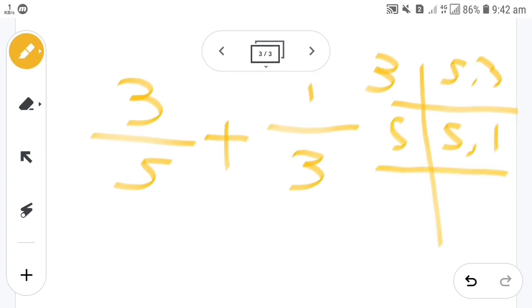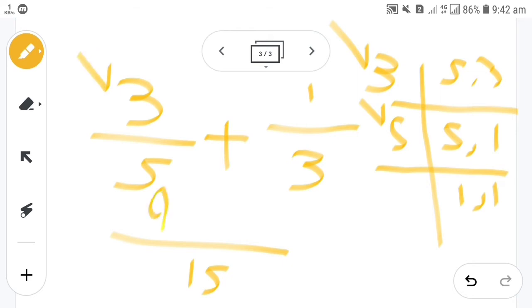Now 5, 1 and 1. Now multiply these 3 and these 5. This gives us 15. Now this 15 is divided by this 5. 15 divided by 5 gives 3. Now 3 multiplied by 3 is 9.